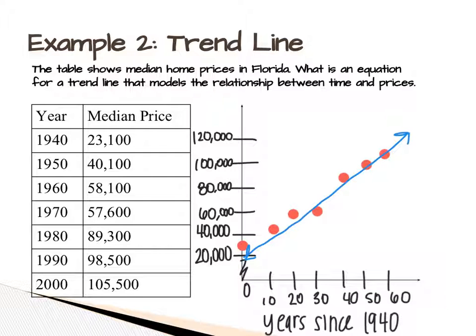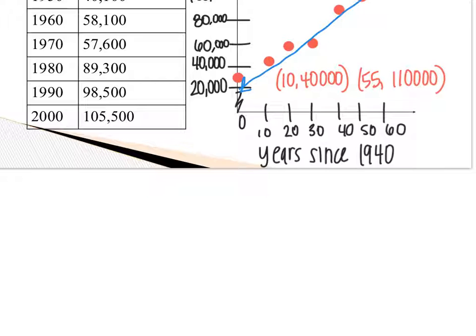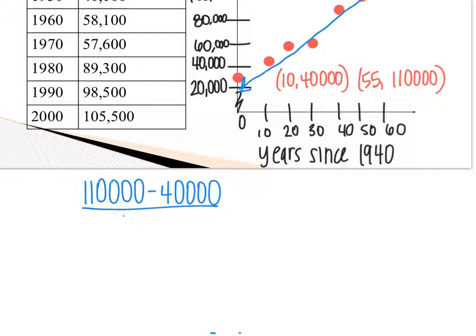So let's say one of the points was 10, 40,000, and the other point is 55, 110,000. So what you're going to do is take your 2 points, you're going to find slope, so we'll do 110,000 minus 40,000 over 55 minus 10.